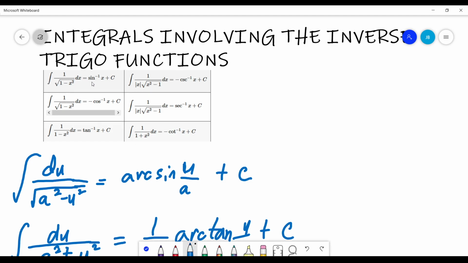This is read as arc sine, right? Sine -1 is arc sine. We also have cos -1 as arc cos, so this is the integration for that one, and so on and so forth. Just familiarize yourselves with the following, and additional lang, no?